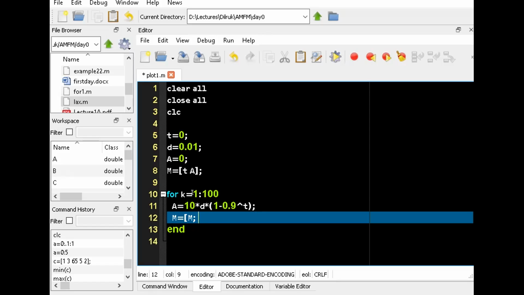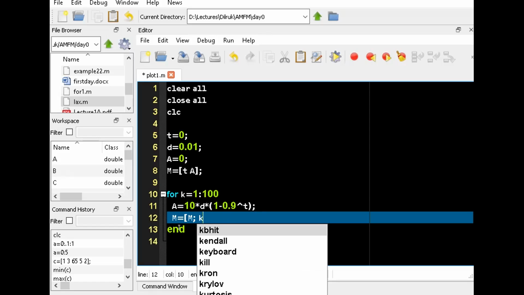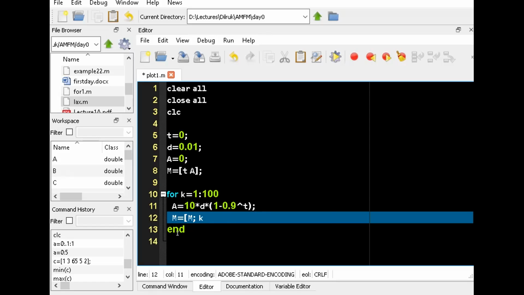Time is now k, which is 1, and the corresponding value of a at this time. That means the amount of drug in the bloodstream, A. All right.